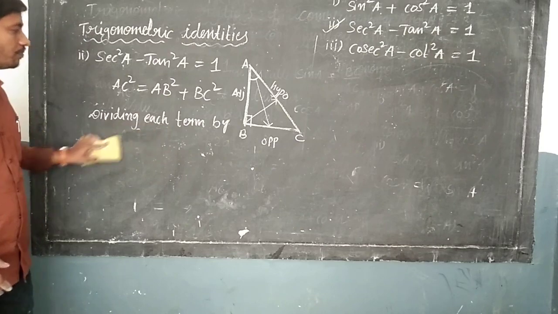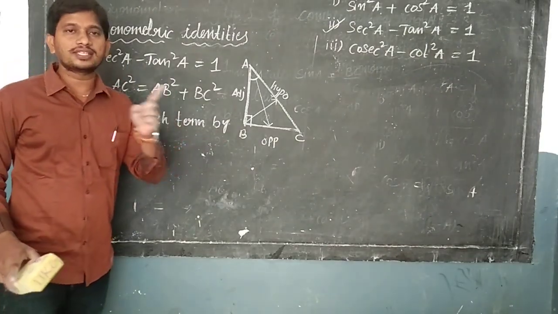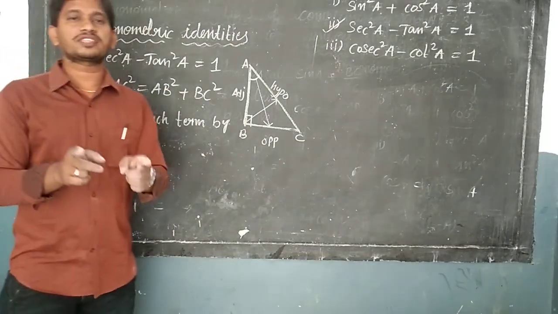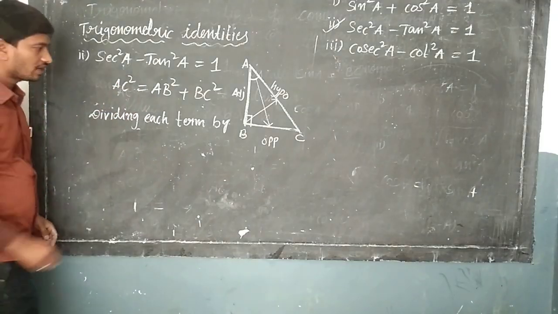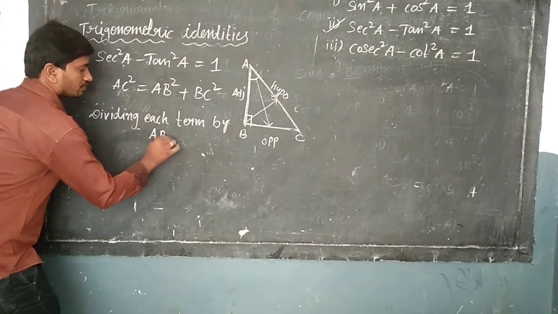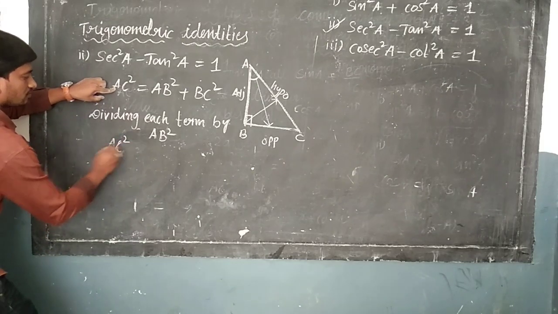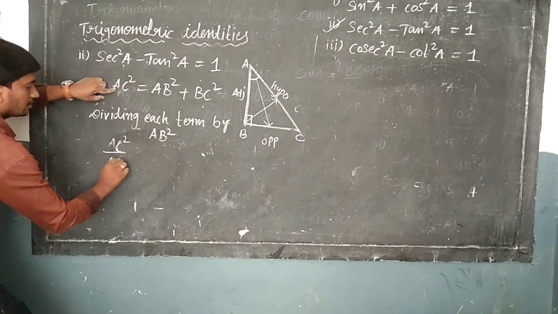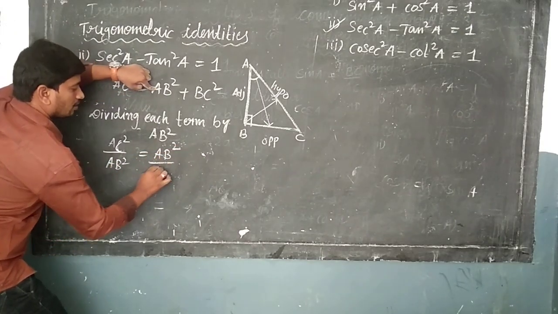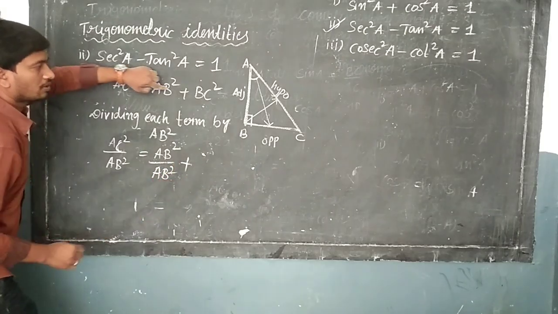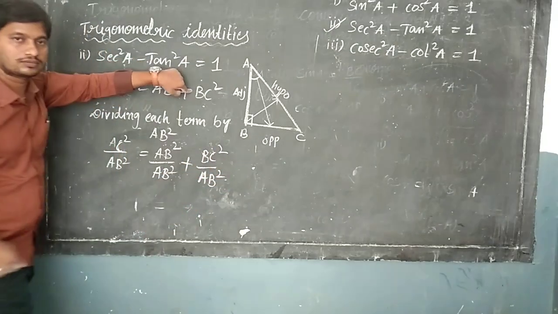Now, what do you do? In the first case, we divided each term by AC square. Now, instead of AC square, you divide each and every term by AB square. Listen students, AC square by AB square equal to AB square by AB square plus BC square by AB square.